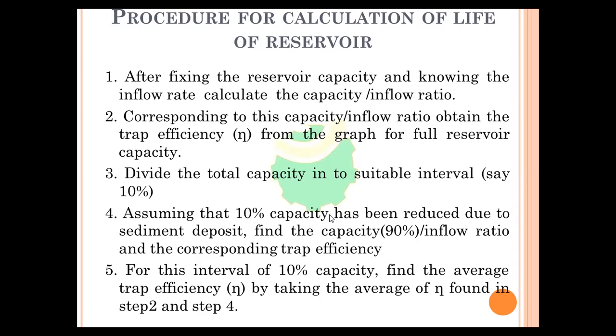That means the 100% trap efficiency value plus the 90% trap efficiency value, divided by 2. Next, the 90% trap efficiency value plus the 80% trap efficiency value, divided by 2, like that. Average the trap efficiency values.